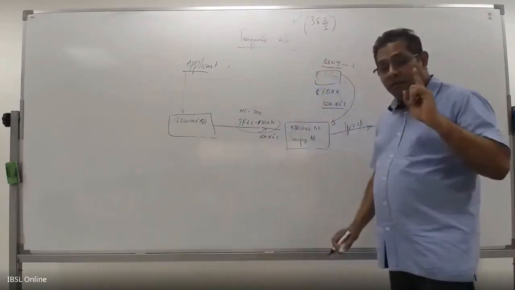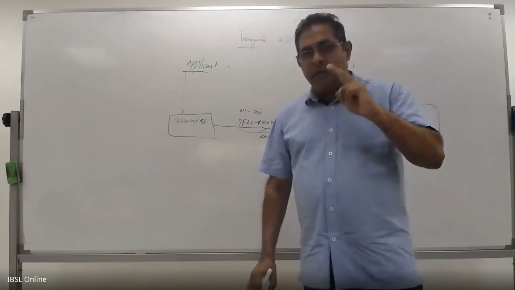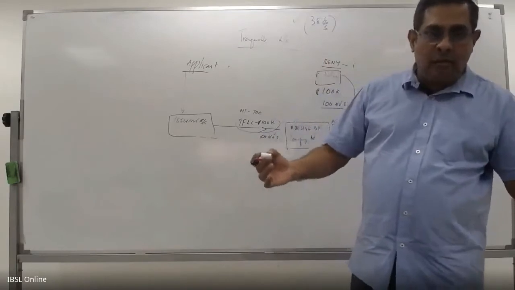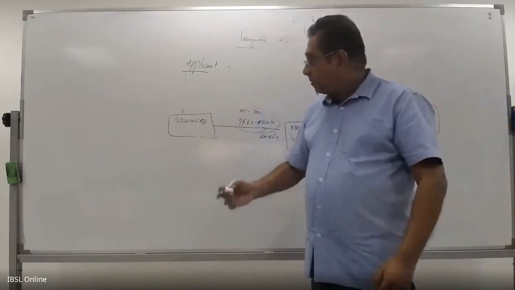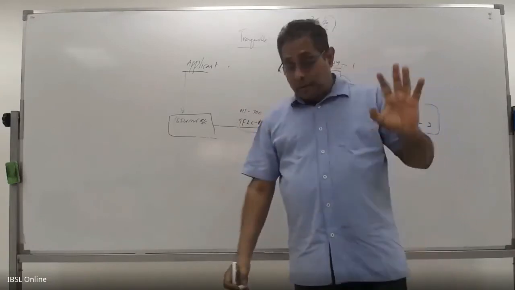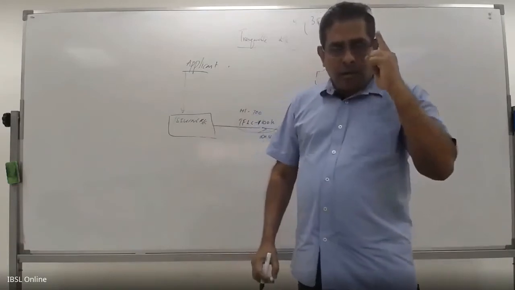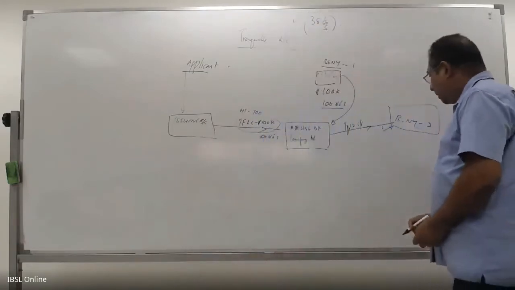But there's only 1 issue. So it's a very apparent difference between a back-to-back and a transferable. In a back-to-back LC, there are 2 separate LCs. But in a transfer letter of credit, there is only 1 letter of credit. Right.